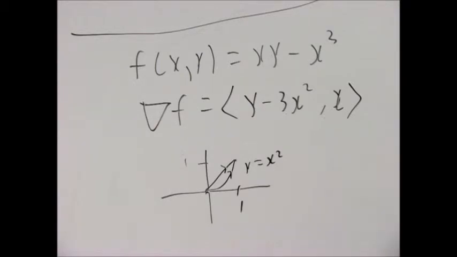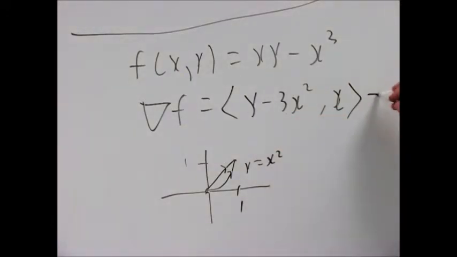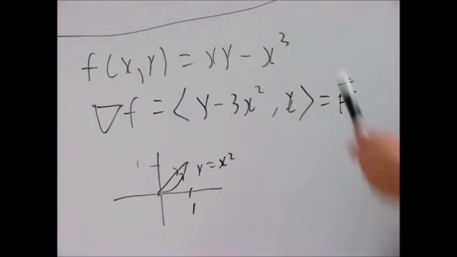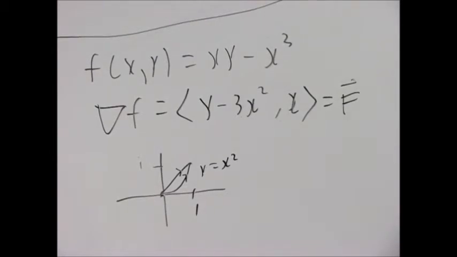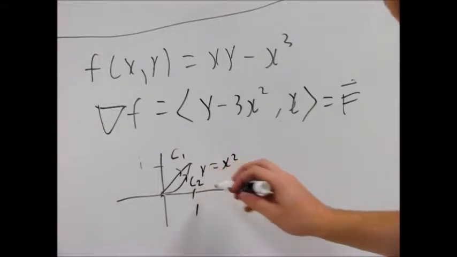So these are two completely different paths, but since this field is a gradient field, they should give the same result according to the theorem. So let's actually do it. So let's call this C1, and this is C2.